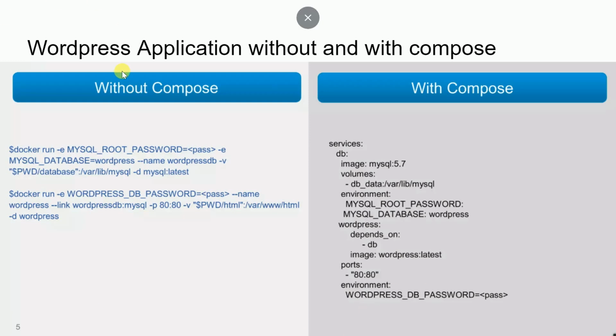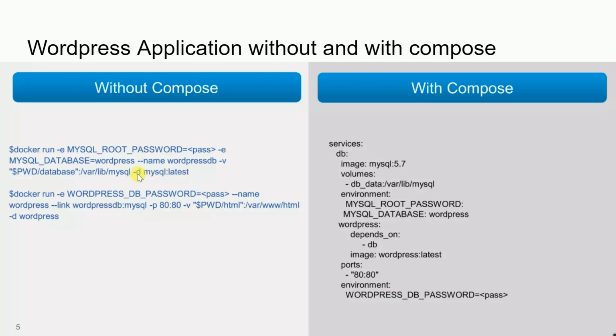So without Compose, to run the WordPress application, you need to run the command docker run -e MYSQL_ROOT_PASSWORD, -e again for the database name, which is wordpress, --name wordpressdb, -v to mount our local data directory to /var/lib/mysql, and -d mysql:latest.